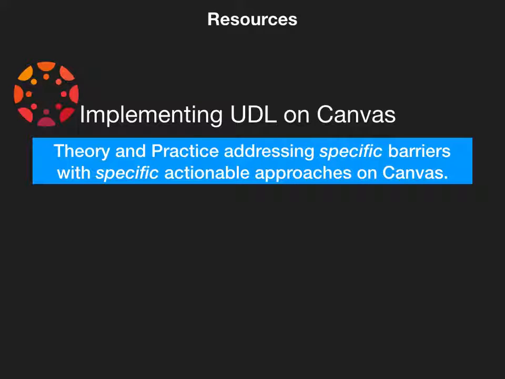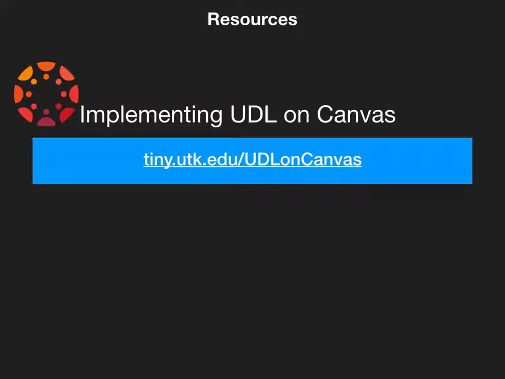How do I build materials that are going to meet the needs of students, for example, who are variable in the knowledge and skill that they bring into the course? How am I going to help students who are not engaged in the content of the course and need additional supports to motivate and sustain them when things get difficult? Those kinds of specific barriers, and it looks at how Canvas features can be used to address that.